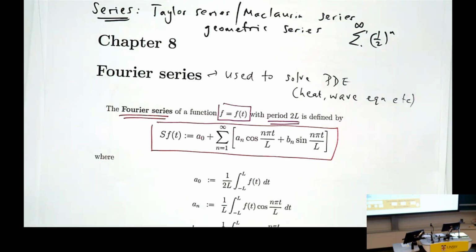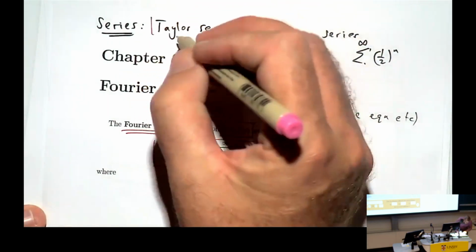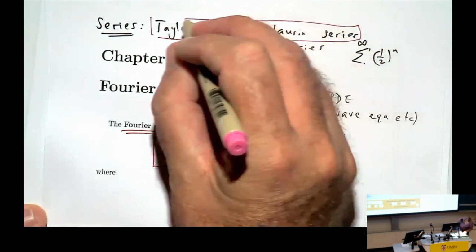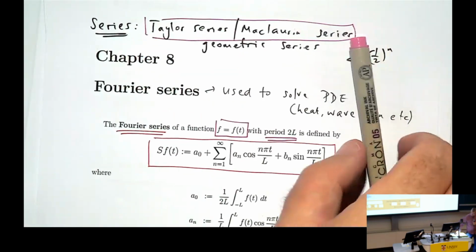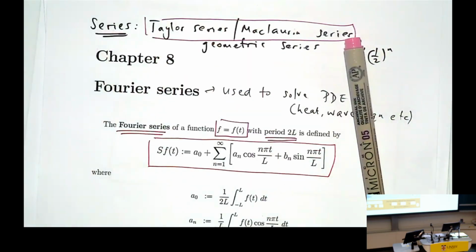Because this is important. For these ones, even if you can't remember how to calculate them, which is fine, I'm not expecting you to do that, they give you an approximation to a function, but only near one point.